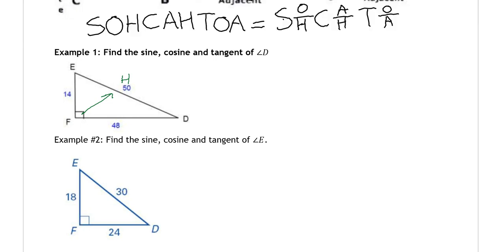Then I need to know what my opposite side is. Well, what angle are we looking at? I'm looking at angle D. That's what it says in the question. Across from angle D is the opposite side. And between the right angle and my angle is my adjacent side.